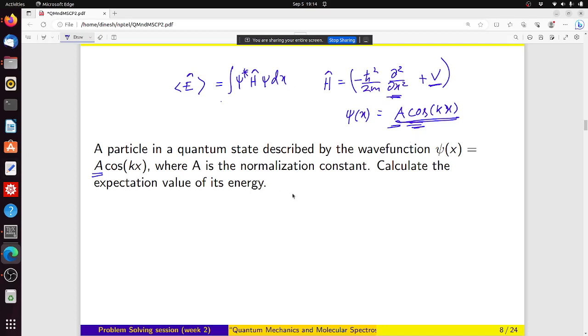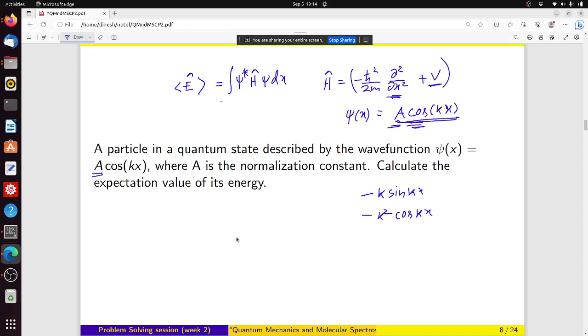Okay, so let's do this. We have to do the derivative twice of the cos function, right? The 1-time derivative is minus k sin kx, then the second derivative will give you minus k square cos kx. This is the second time derivative.